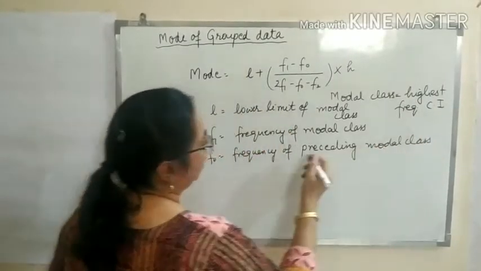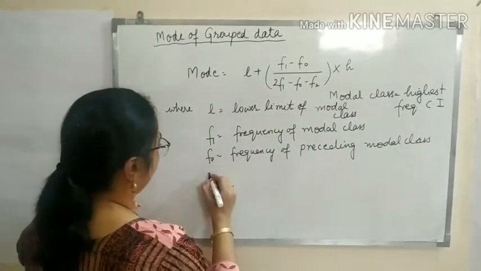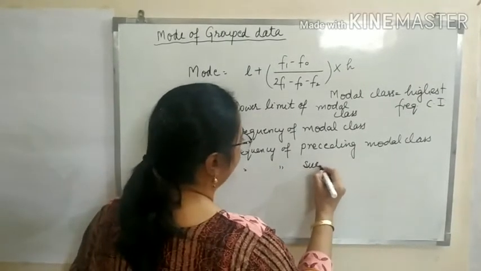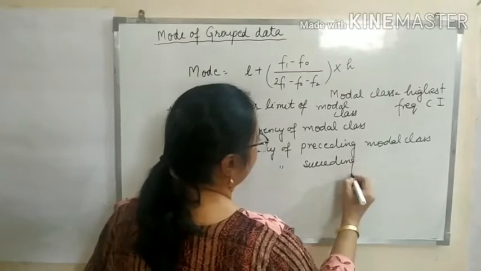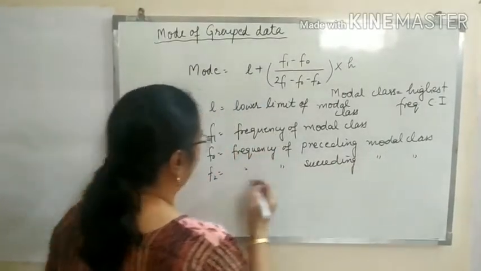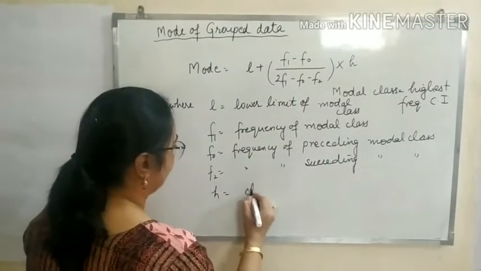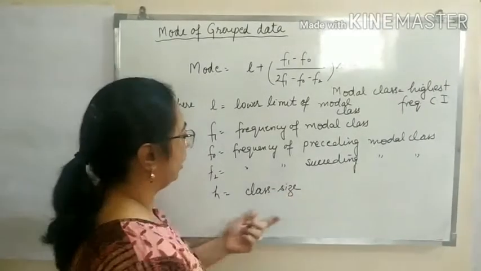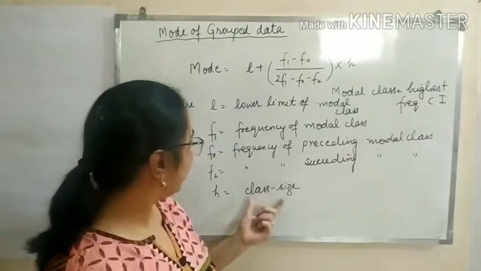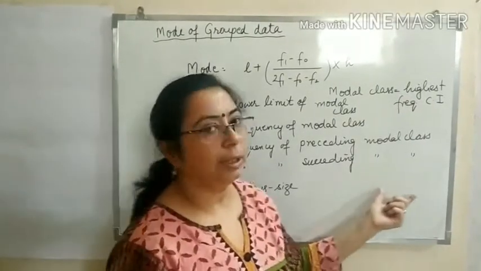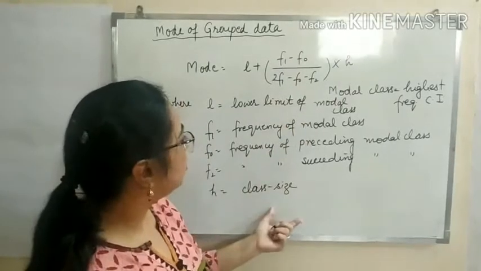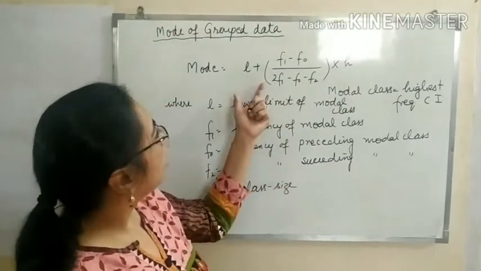You will better understand with the question after this. F2 is the frequency of the succeeding modal class. And H stands for class size. Whatever the class size is, that stands for H. We are assuming that all the class intervals are equal. So these are all the terms which are to be used in this formula.